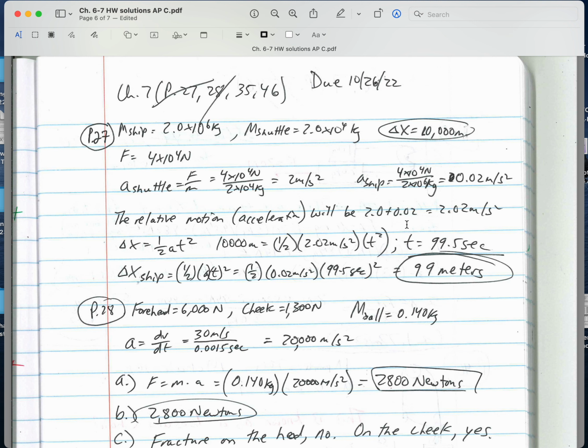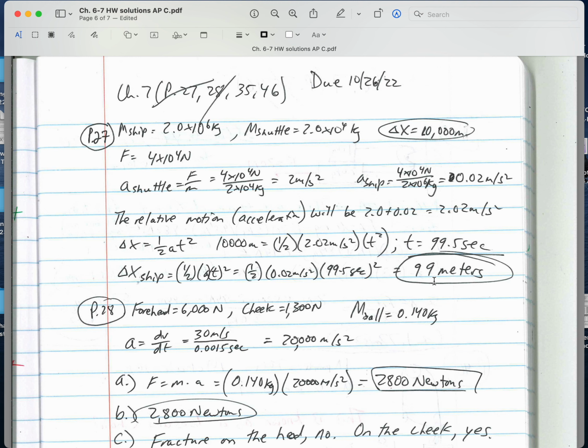When I plug that in, that gets me that the time that they're going to be accelerating before they collide would be 99.5 seconds. Now, if you didn't take into account the fact that the ship was also accelerating, you get this to be 100 seconds. So it's just a little bit off. And so this ends up being about 99 meters.